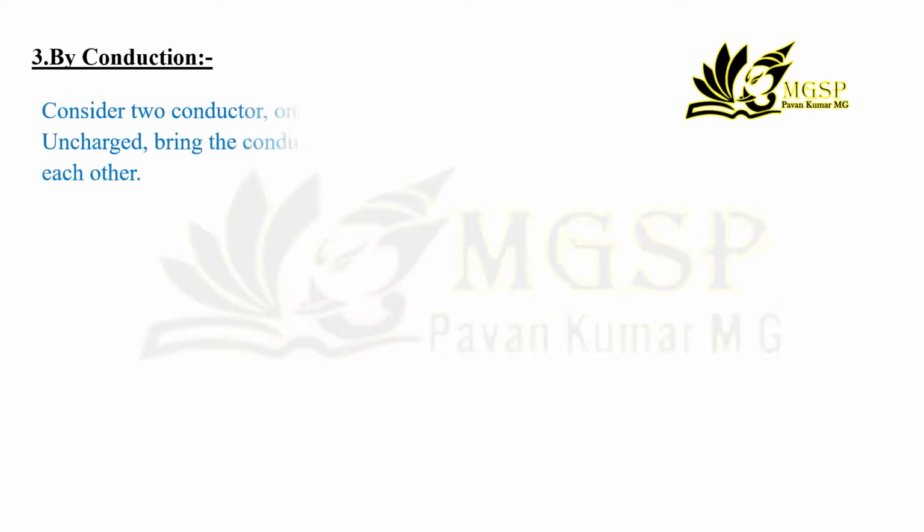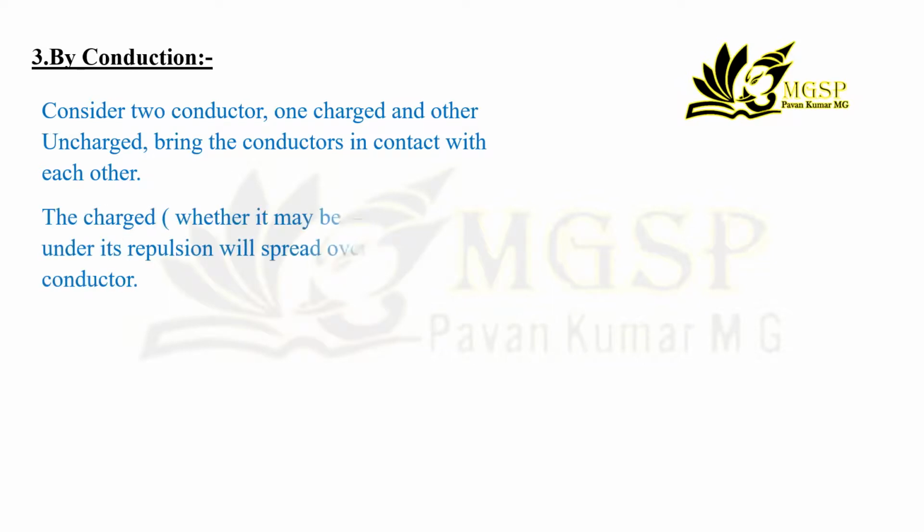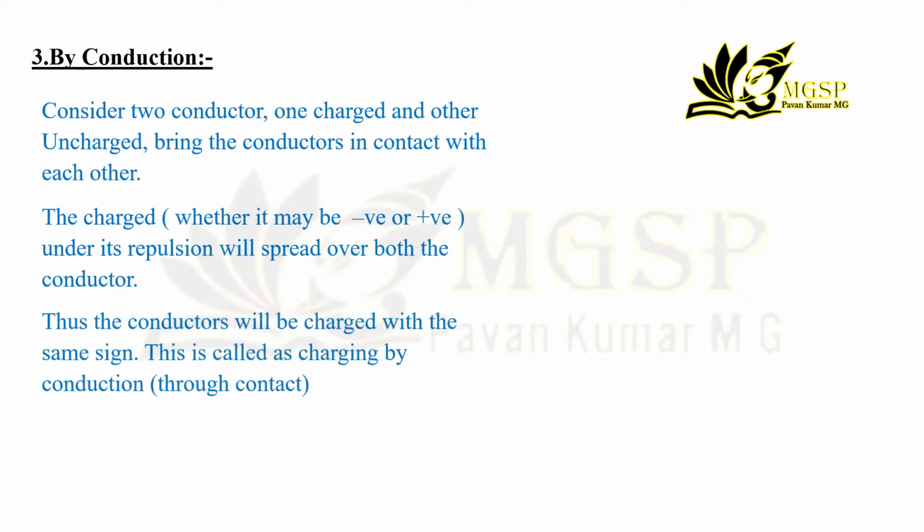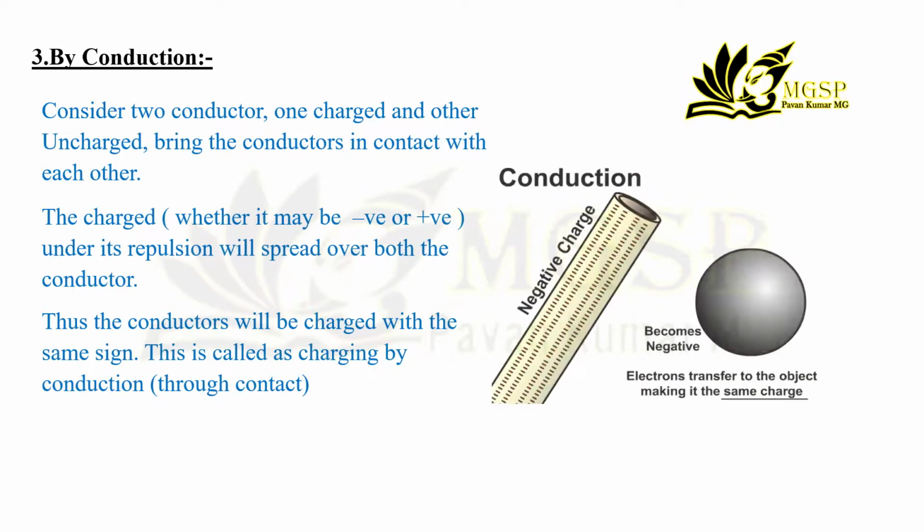The next method is by conduction. Consider two conductors, one charged and the other uncharged. Bring the conductors in contact with each other. The charge, whether negative or positive, under repulsion will spread over both conductors. Thus both conductors will be charged with the same sign. This is called charging by conduction through contact.